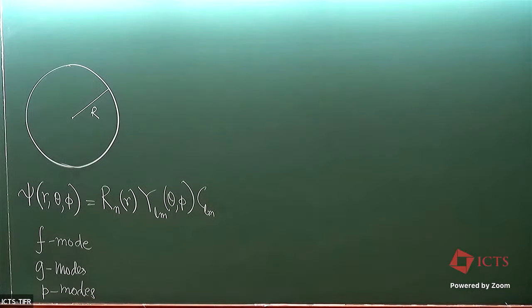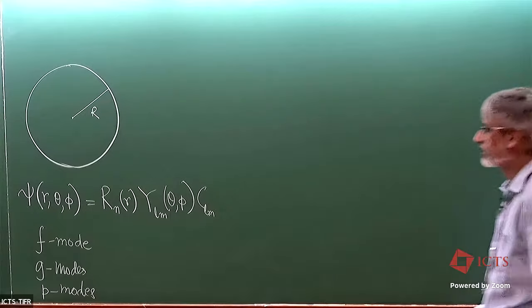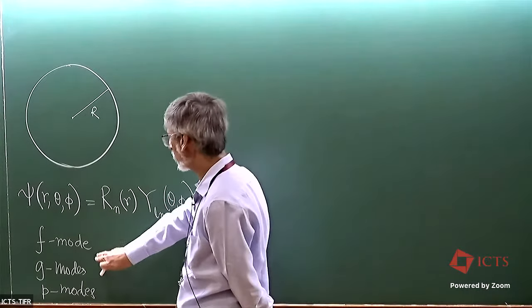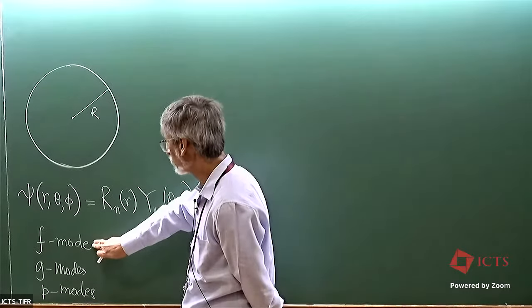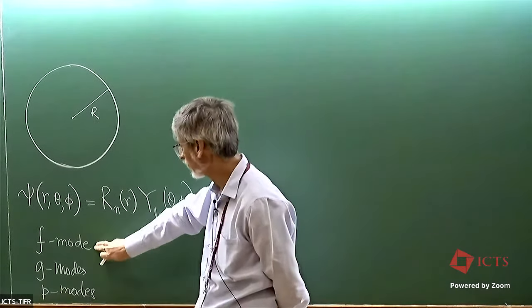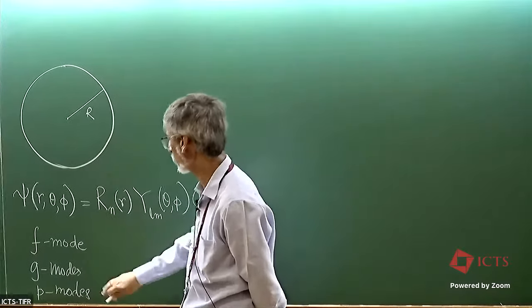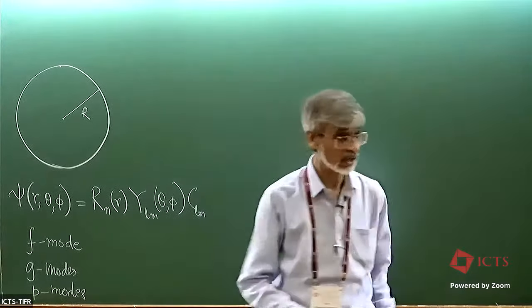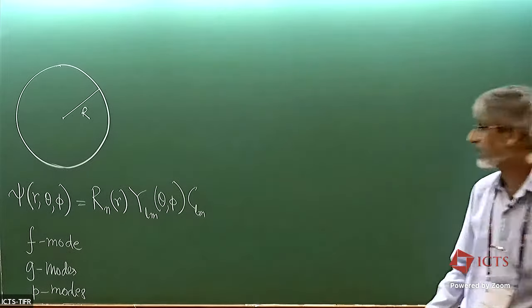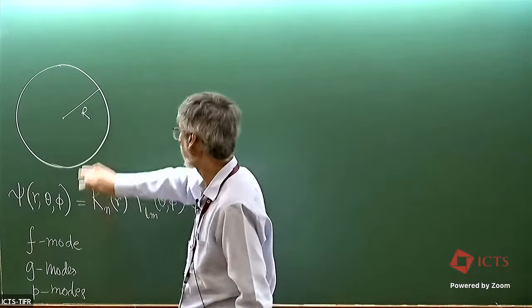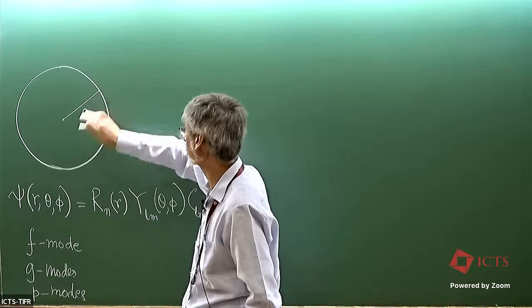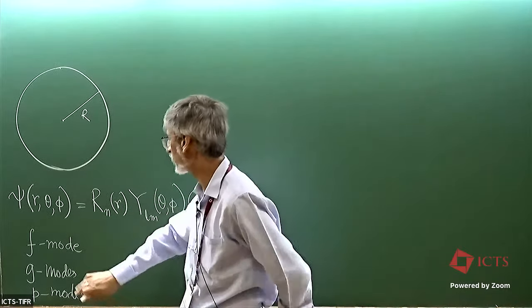Why particularly the F mode? Because F modes are the lowest frequency modes among the surface modes. P modes are also closer to the surface. For the F mode also, the energy resides closer to the surface.